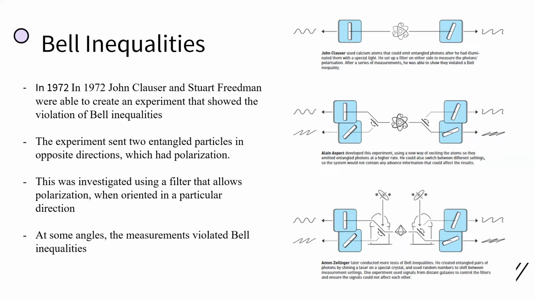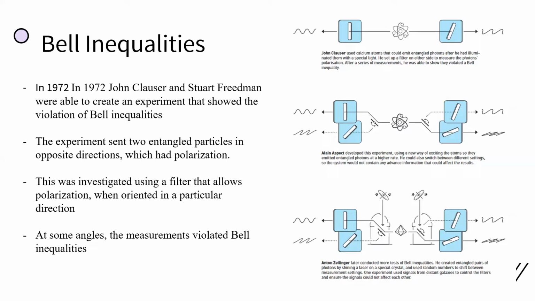If both particles were sent towards the filter at the same plane, then one went through and the other went through too. But if they were at right angles to one another, one would stop and only one would go through. The filter was then set at various angles and the results varied.